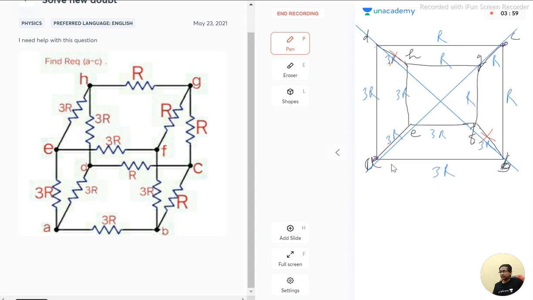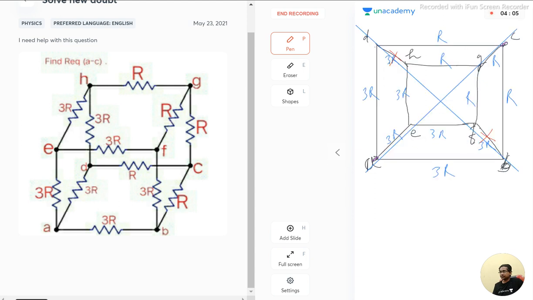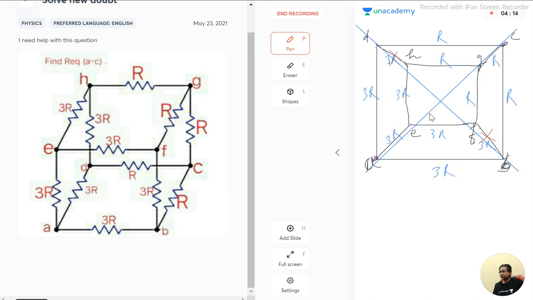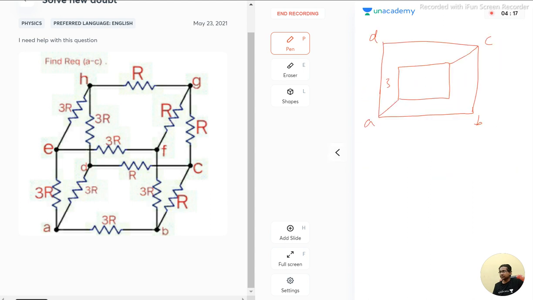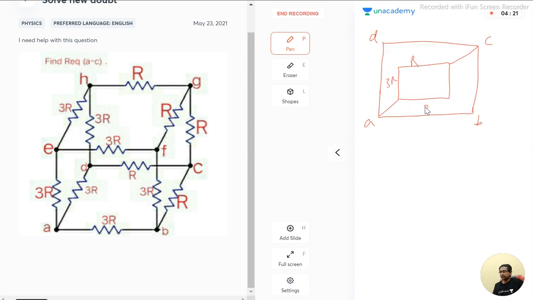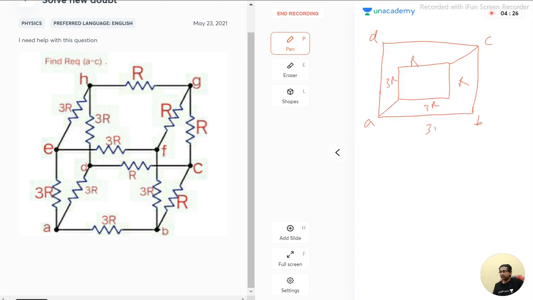And we have A, B, C, D, and from here we have two resistances connected in this way and two in this way, and these are 3R and R, 3R and R, 3R and R as well, and 3R, R, and 3R again.